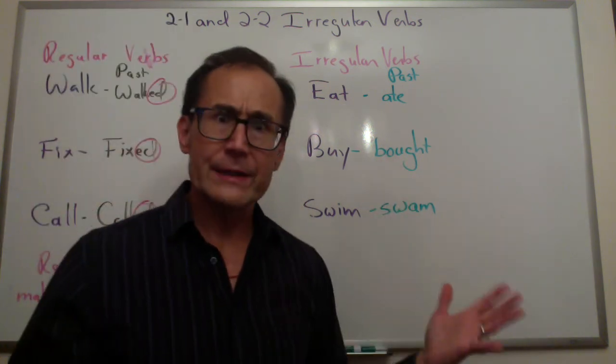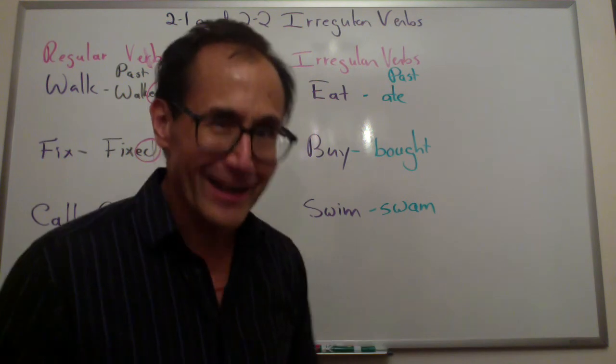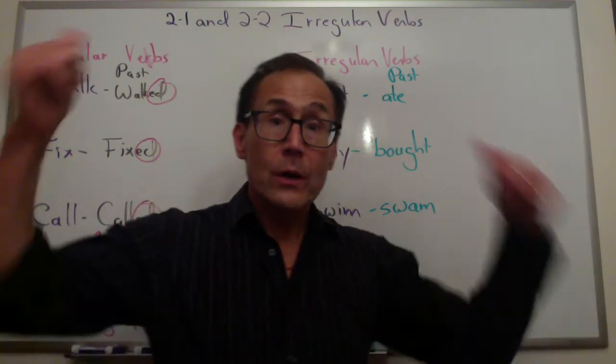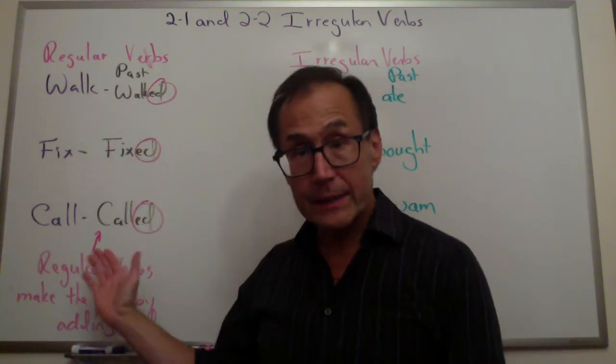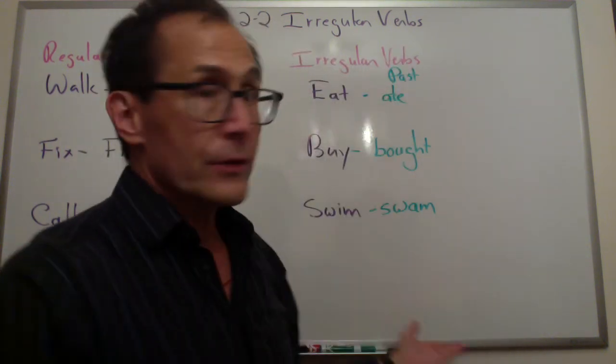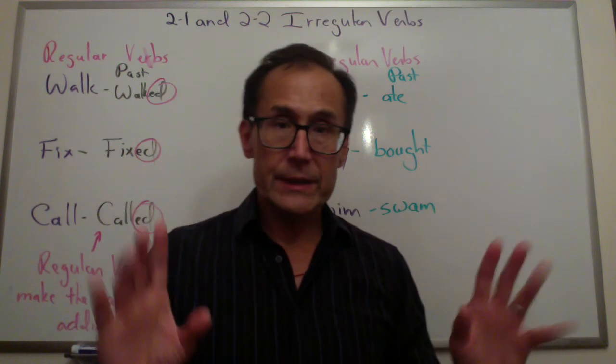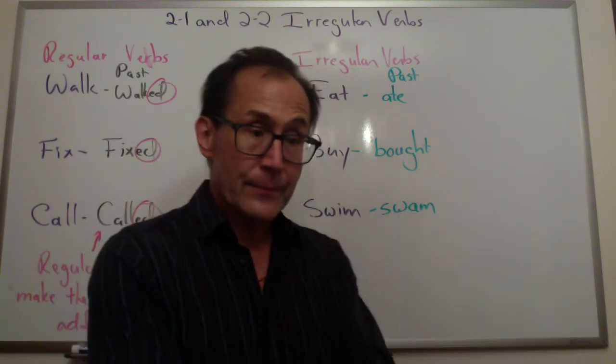There's a history reason for that, but you don't need to know that now. Okay, so we found out regular verbs make the past by adding ed. Irregular verbs don't use ed. You have to memorize the past.